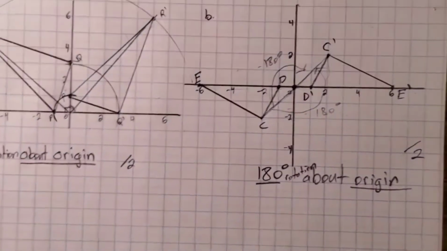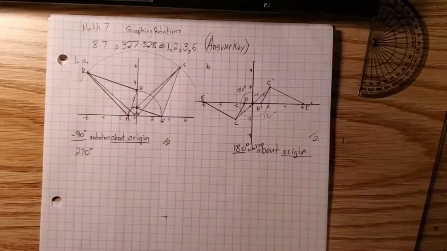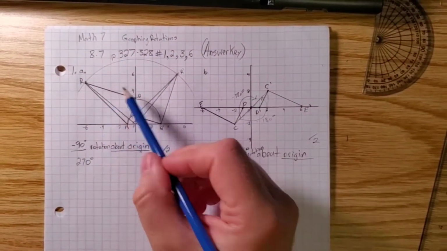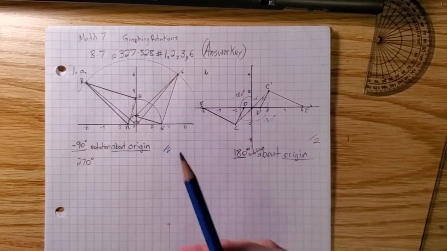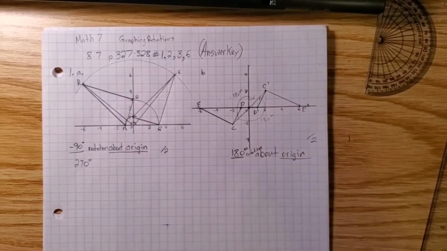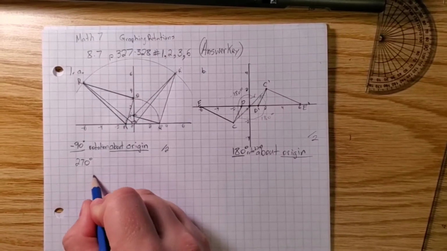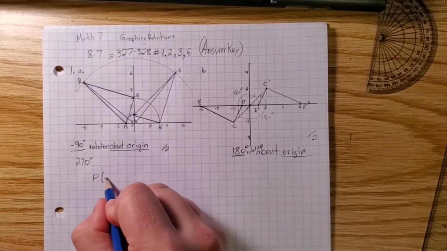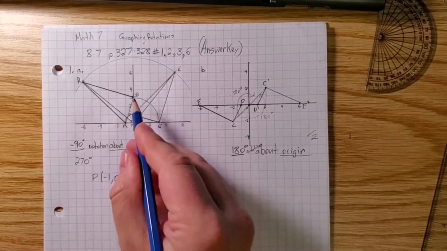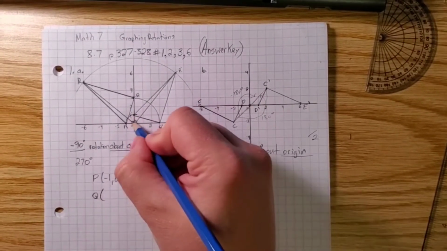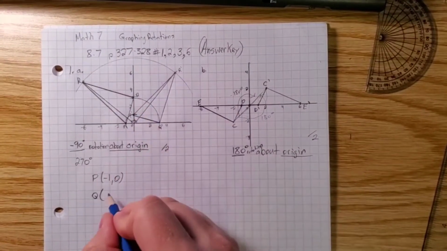Now, there are a couple of other ways we could solve these 2 questions, and I'm just going to show them quickly. I'm going to write out what each of these points are and what the other points are, and we'll use those patterns we learned in the lesson. So first, let's take P. That was (-1, 0). Q was (0, 3).